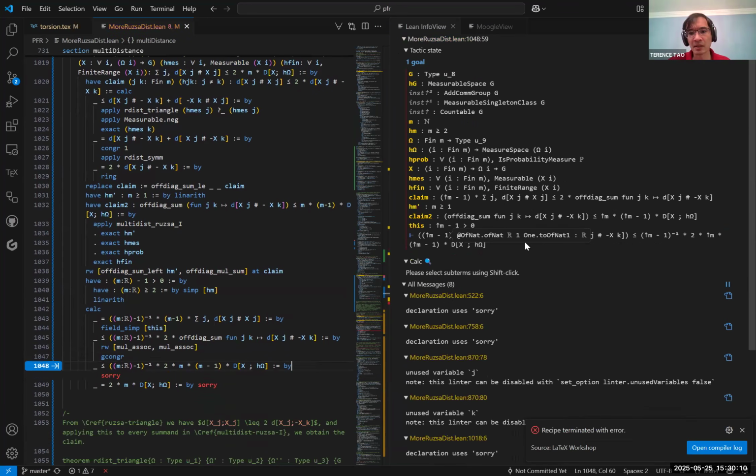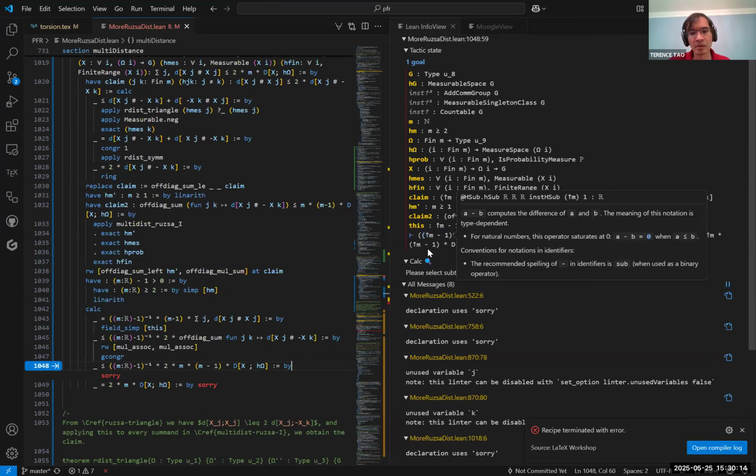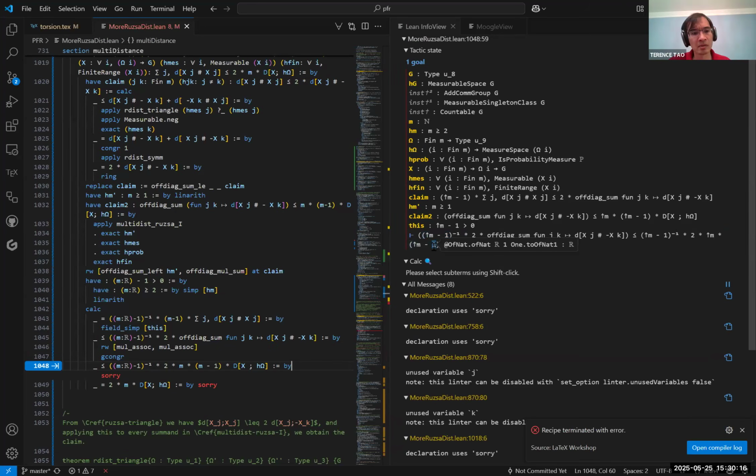So here, m minus 1 inverse. Yeah, so again, I need to reassociate the right-hand side.